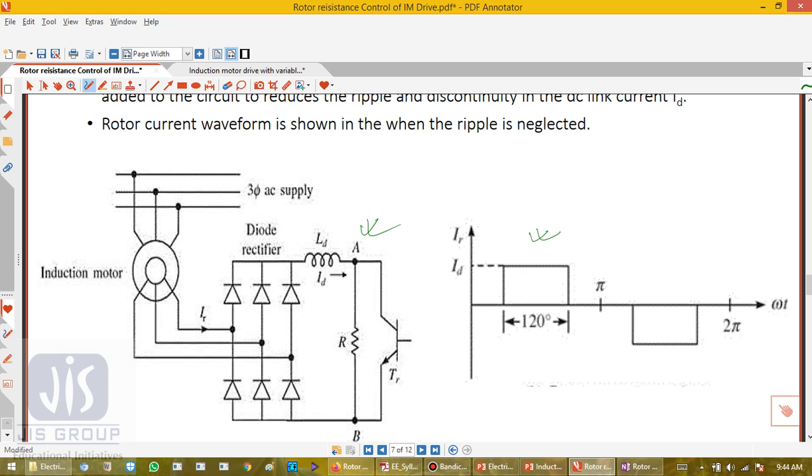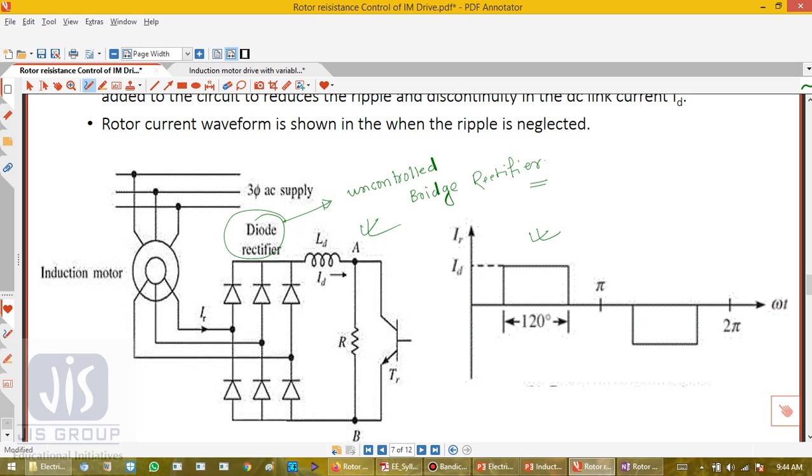Okay, so this is the circuit and this is the waveform. Now the AC output voltage of the rotor is rectified by this diode rectifier, and mind it, this is an uncontrolled bridge rectifier.